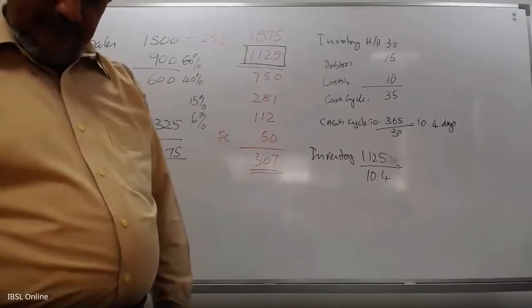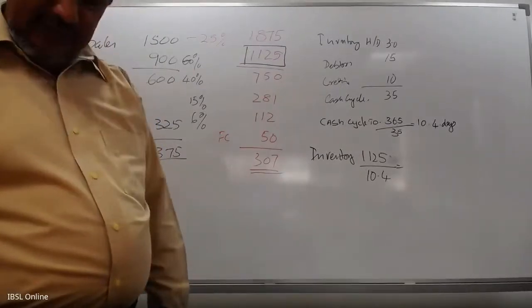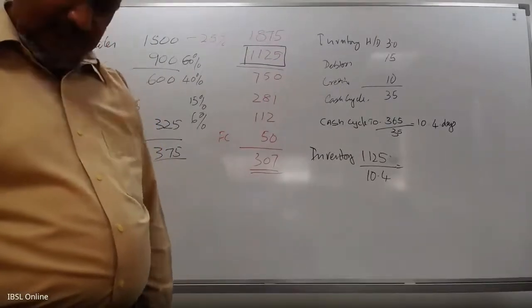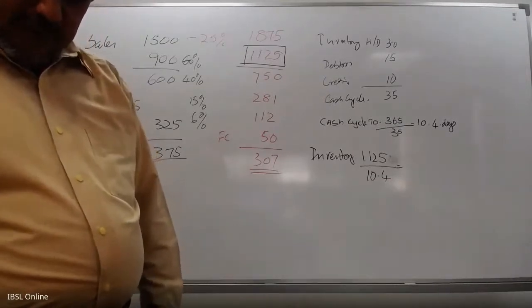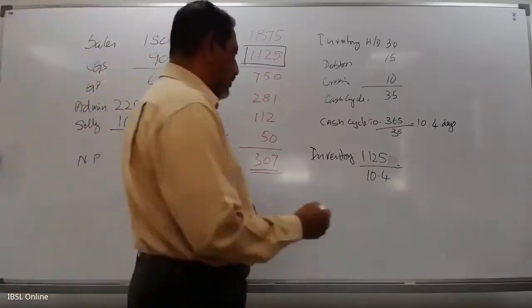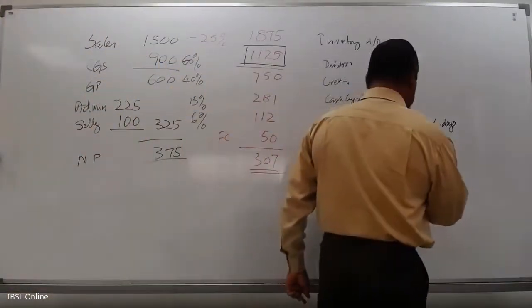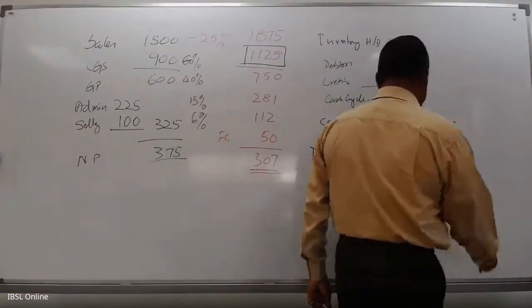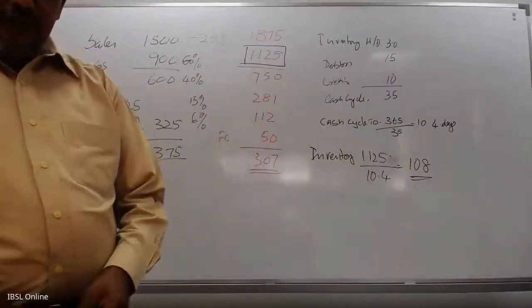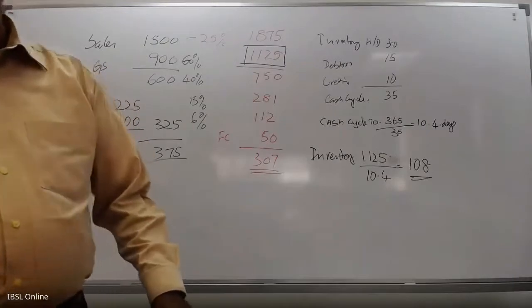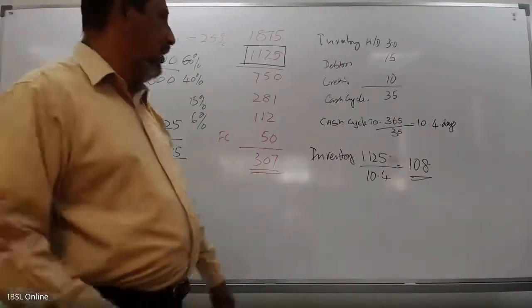Right? 1,125 divided by 10. That is 108. So the maximum limit the customer needs at a given time is 108 billion.